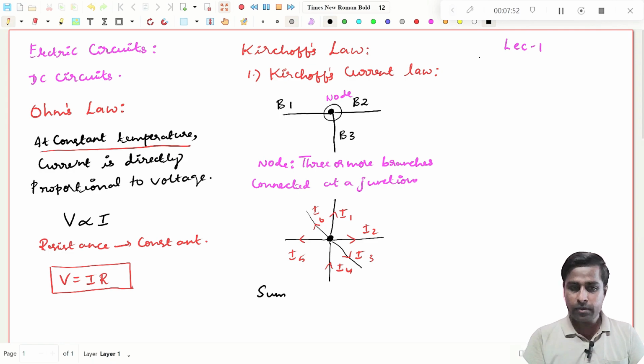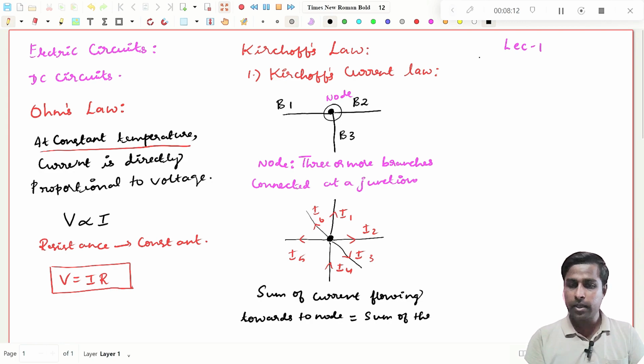Sum of current flowing towards the node is equal to sum of the current flowing away from the node.